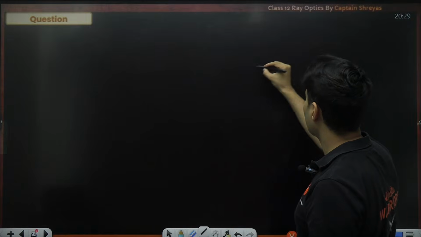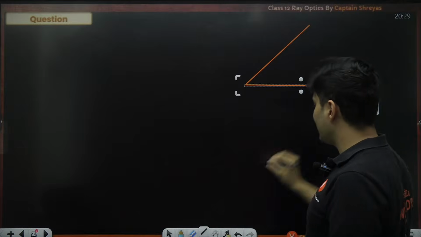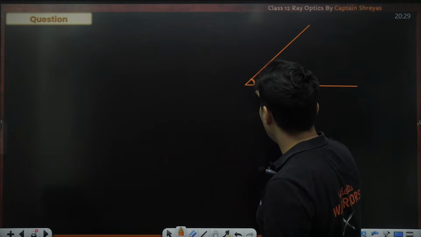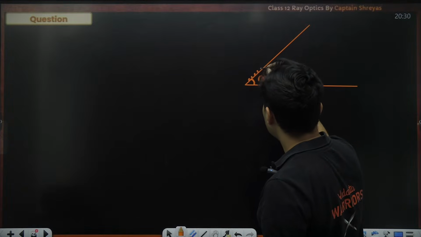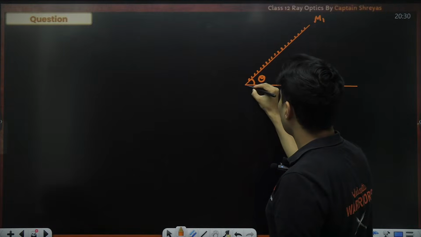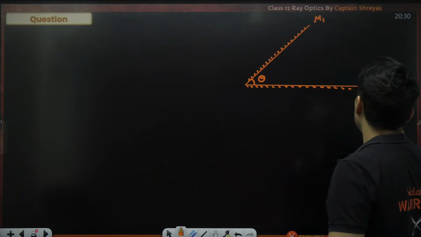And here it is. There are two mirrors inclined at some angle. This is, let's say, mirror 1. This is mirror labeled 2.